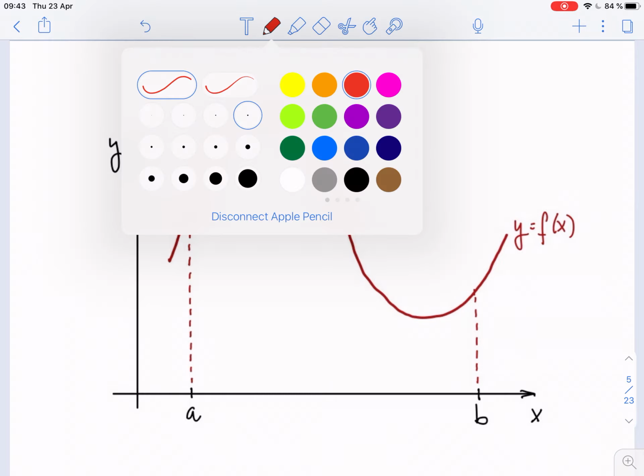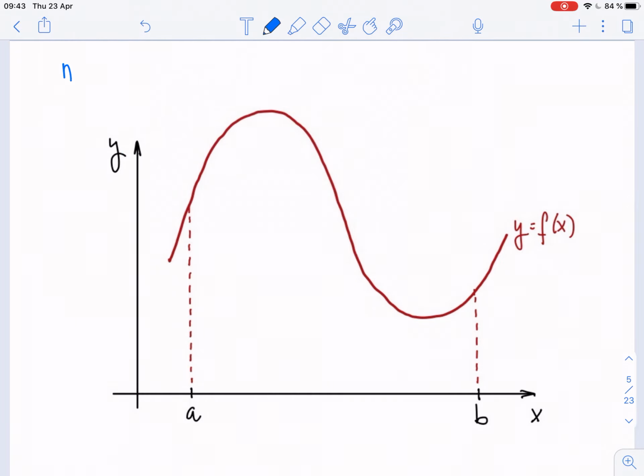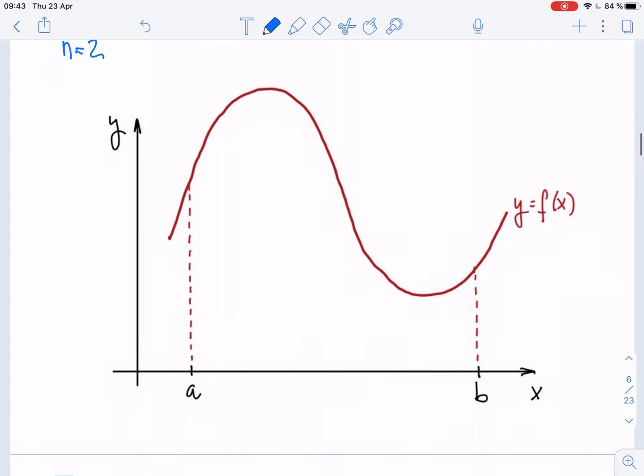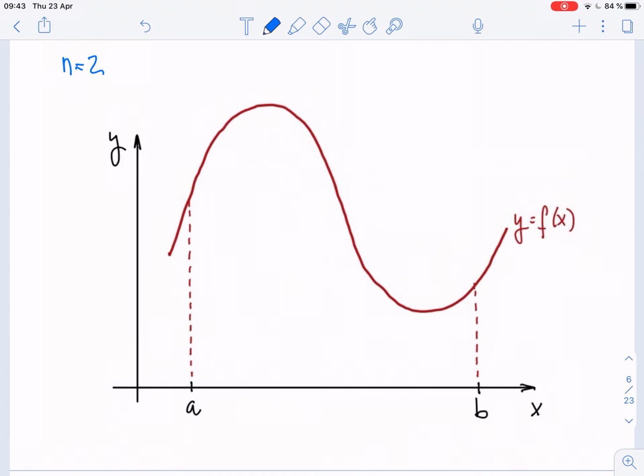A graphical illustration. Imagine we are working with n equal 2, that is, with a quadrature with 3 integration points, x0, x1, and x2. That is, we sample function f to obtain f(x0), f(x1), and f(x2).